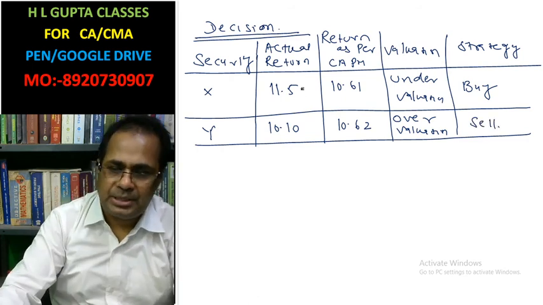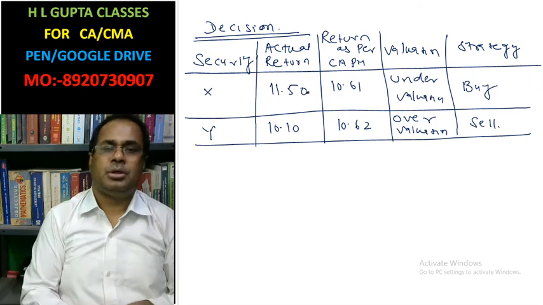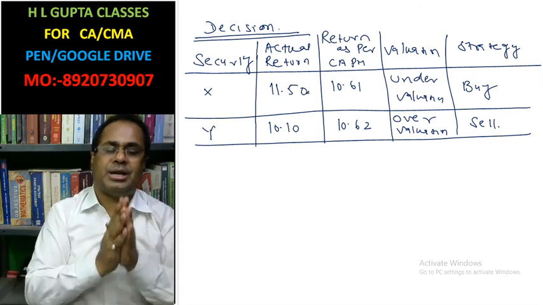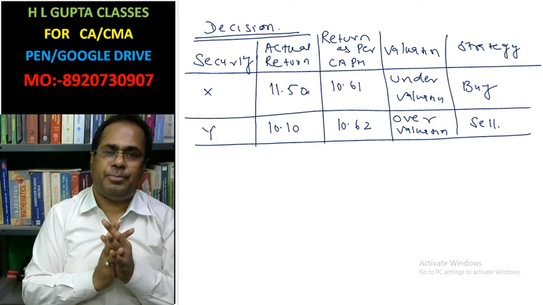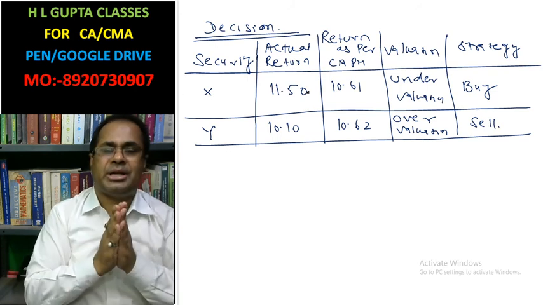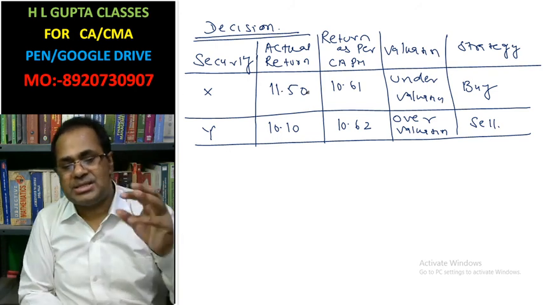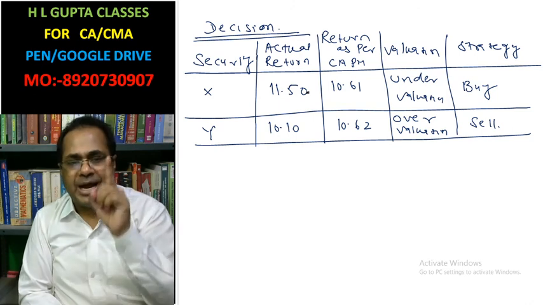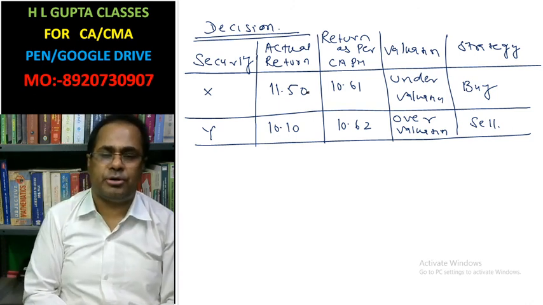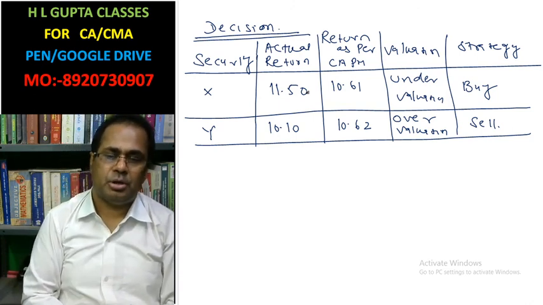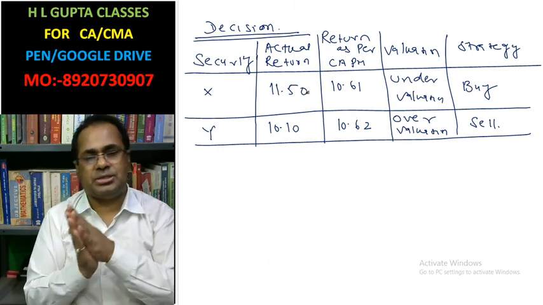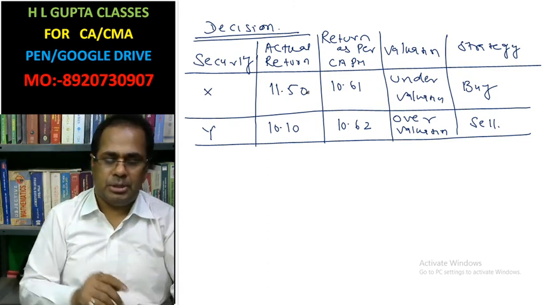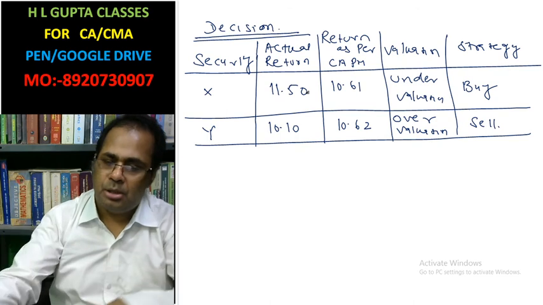So this type of decision you have to make. In which you need to calculate expected return as per CAPM. You have to calculate expected return on the basis of given formula. That is assumed to be actual return. And comparing whether it's overvaluation or undervaluation. How can you interpret this?